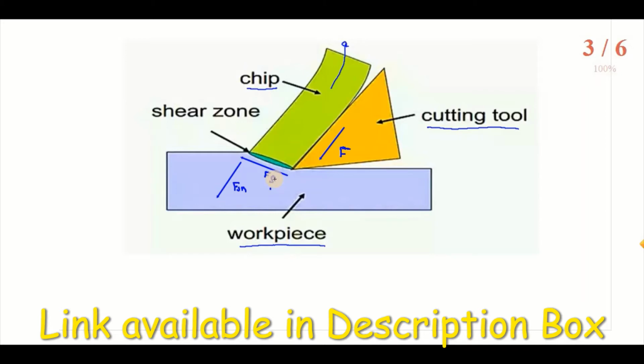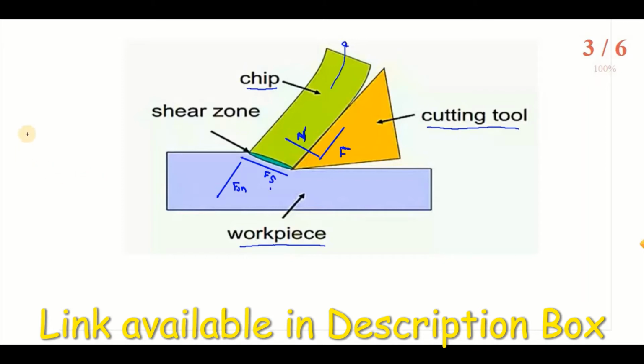This force acts downwards, as you can see, against the chip as it slides along the tool face. And normal to that force, we have a normal force, that is capital N. So this force N acts on the chip, normal to this friction force.